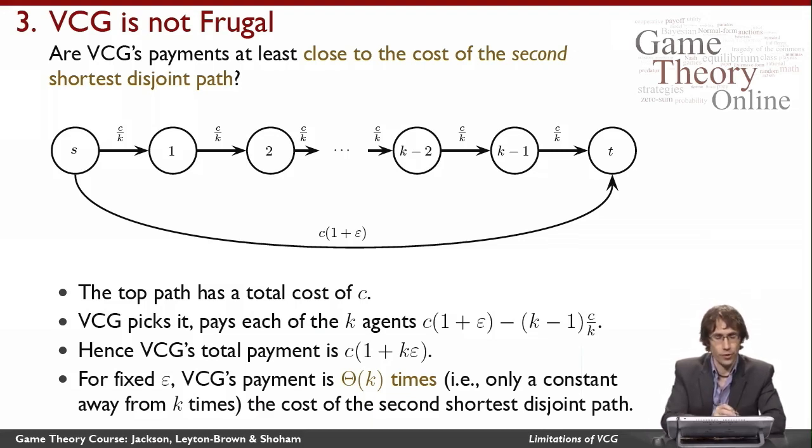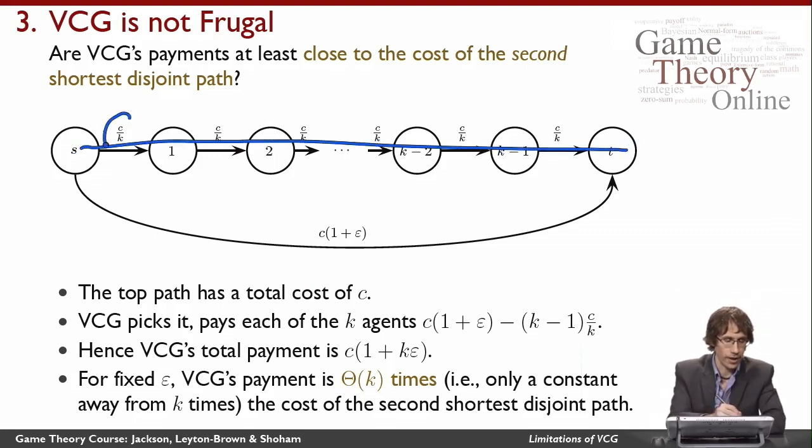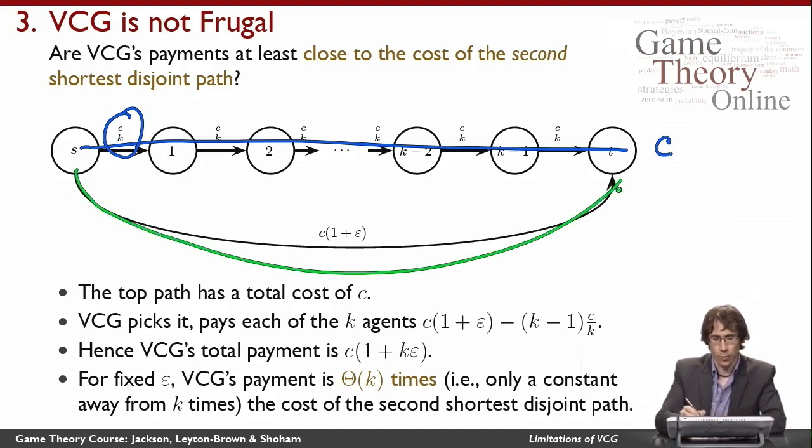So here I have 2 disjoint paths. This one here goes through k agents, and each agent has a cost of c over k. So k times c over k means the total cost is c. Here I have another edge with only one agent, and his cost is c times 1 plus epsilon.